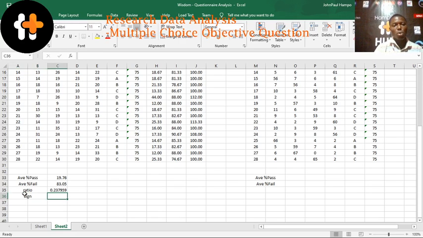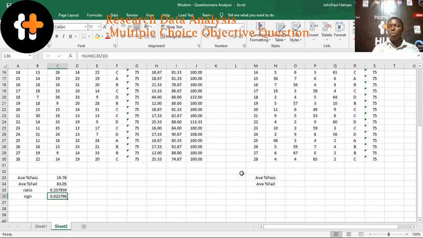Significance is equal to sum of the ratio divided by 10. Then we'll have our significance. This is the level of significance of the test, 0.02.